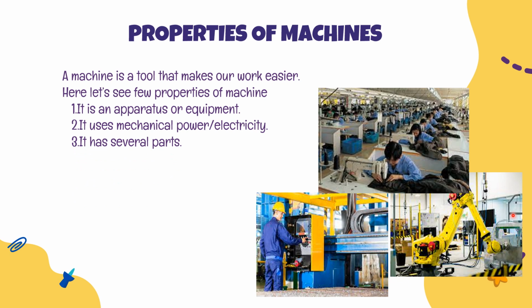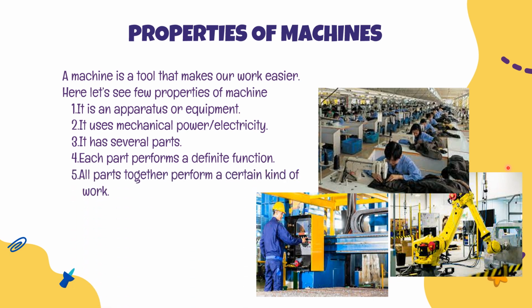A machine has several parts, and each part does a definite function, and all the parts perform a certain kind of work. So altogether when they do a work, it makes the work easier for humans.